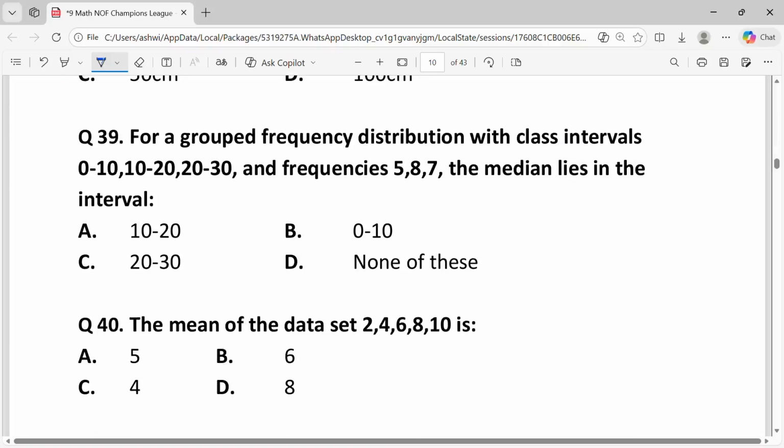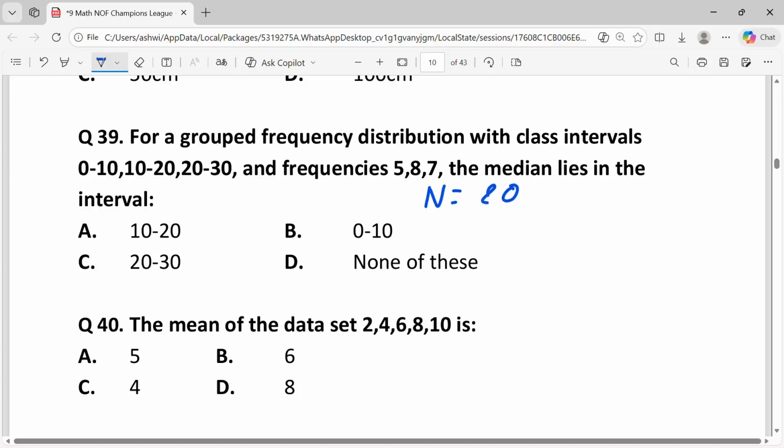Question 39. For a grouped frequency distribution with class intervals 0-10, 10-20, 20-30, the frequencies are 5, 8 and 7. The median lies in the interval. The total frequency n is the sum of all frequencies, that is 5 + 8 + 7, which is equal to 20.